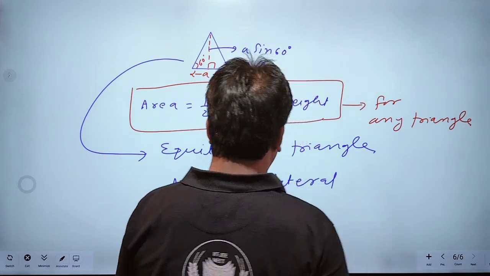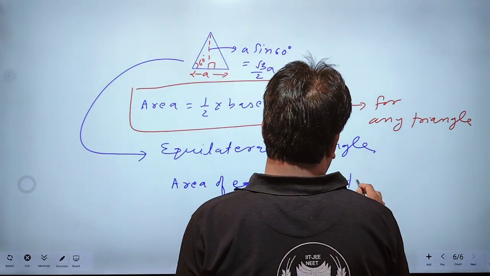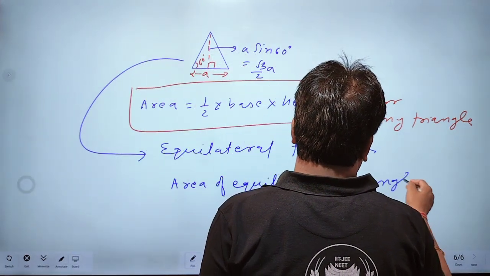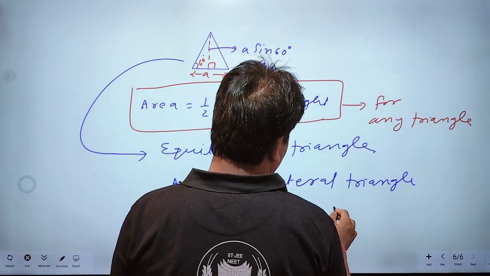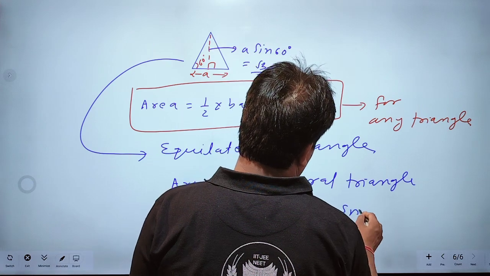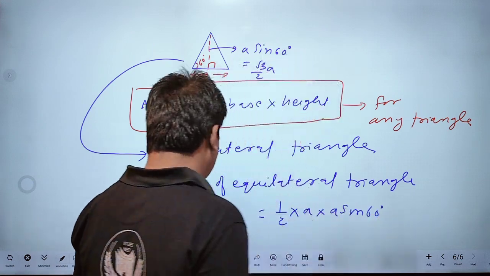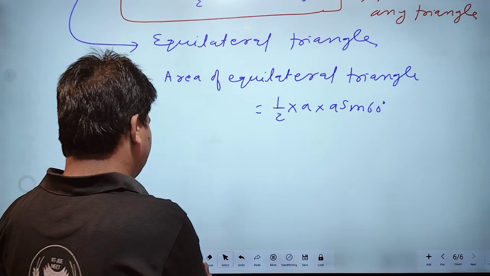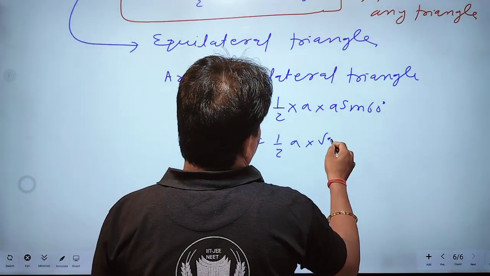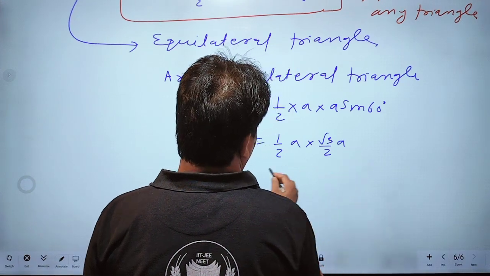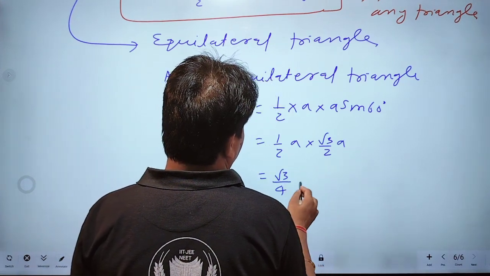Therefore, area of equilateral triangle. Equi means same. Equilateral triangle area will be half into base. Base is A and height is A sin 60 degree. The value of sin 60 degree is root 3 by 2. Therefore, root 3 by 4 A square.